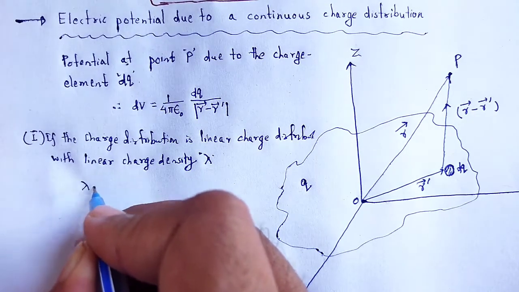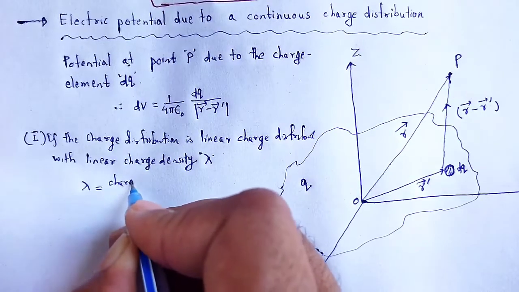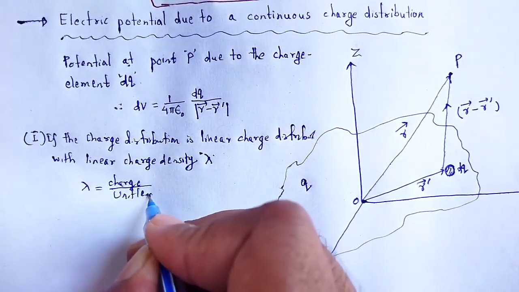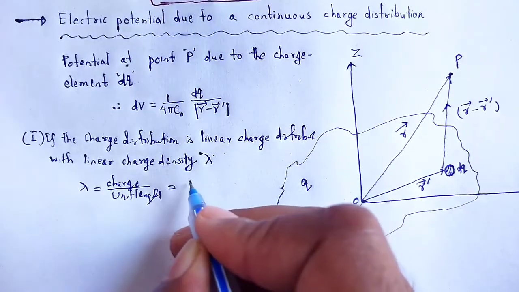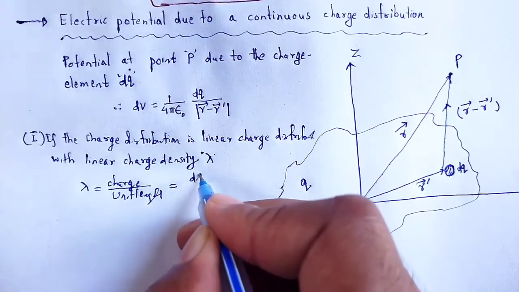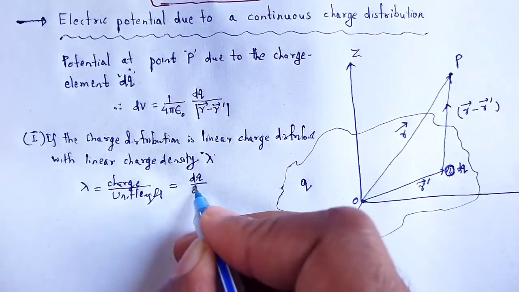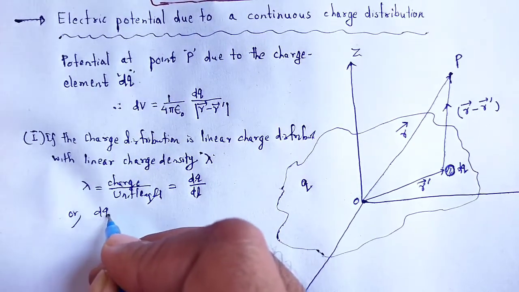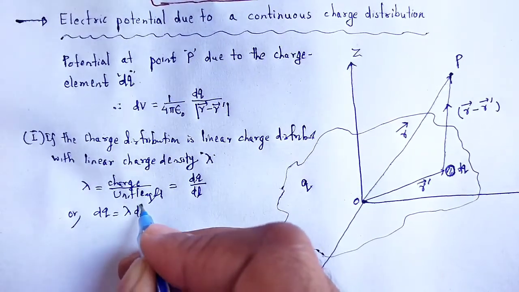Lambda, that is charge per unit length, is equal to dq by dl for a continuous charge distribution, or dq is equal to lambda dl.